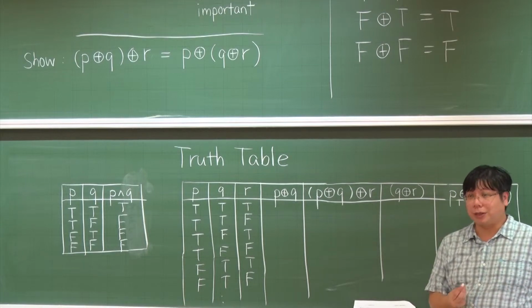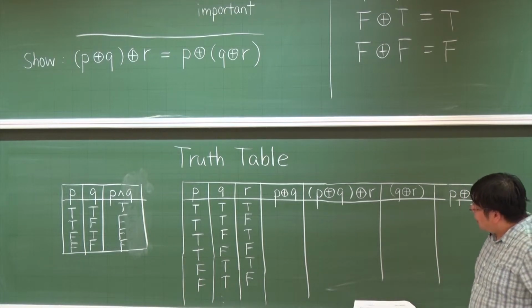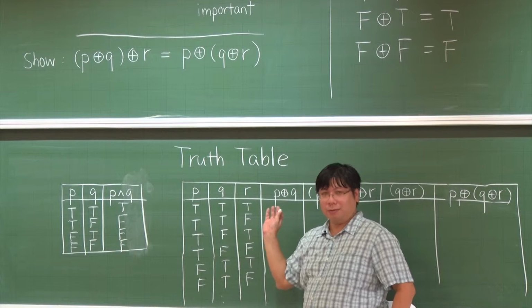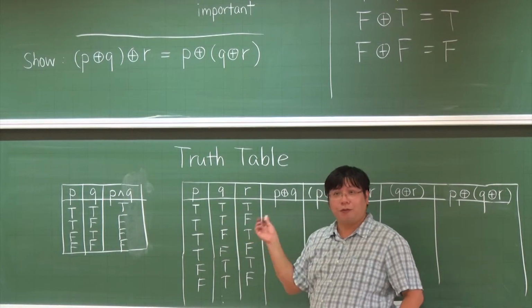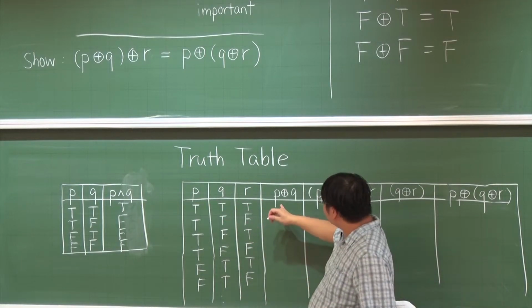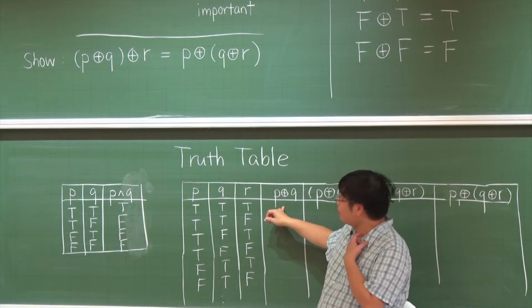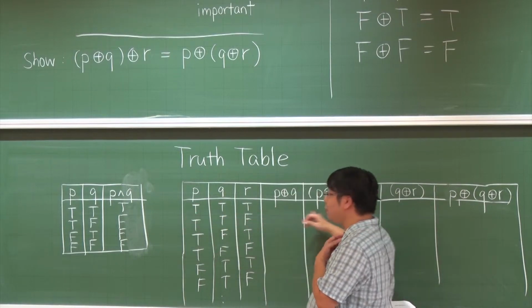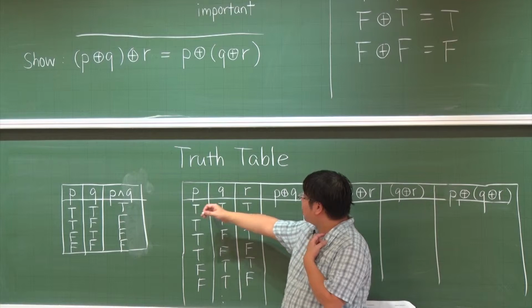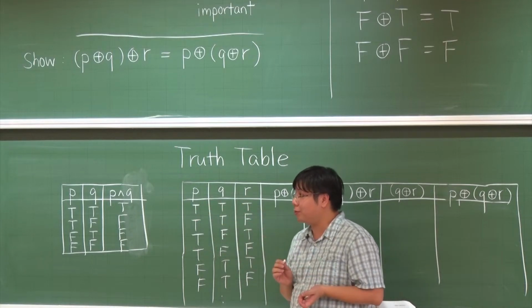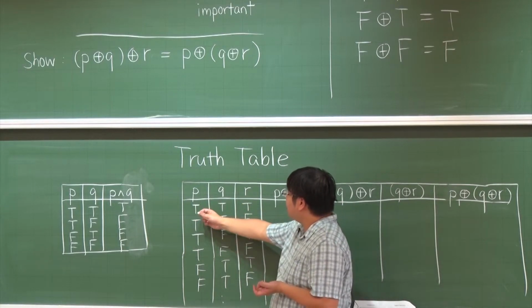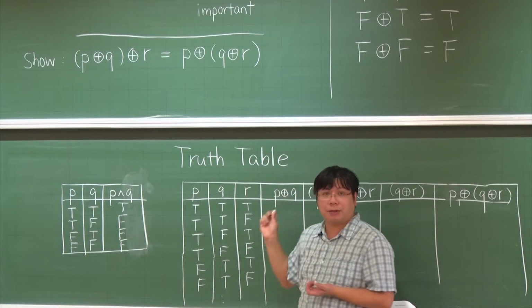Okay, let's do that. Now it remains to fill in the entries here. So what should I do? The first row represents the case when P, Q, R are all true. So we know that these are true, so how about P exclusive or Q?